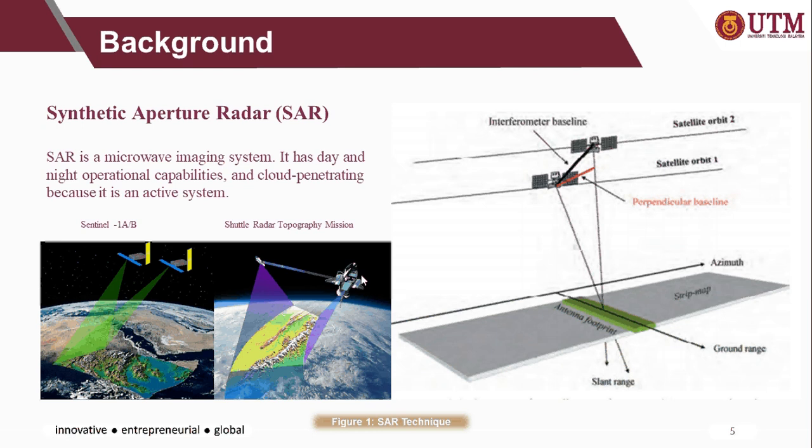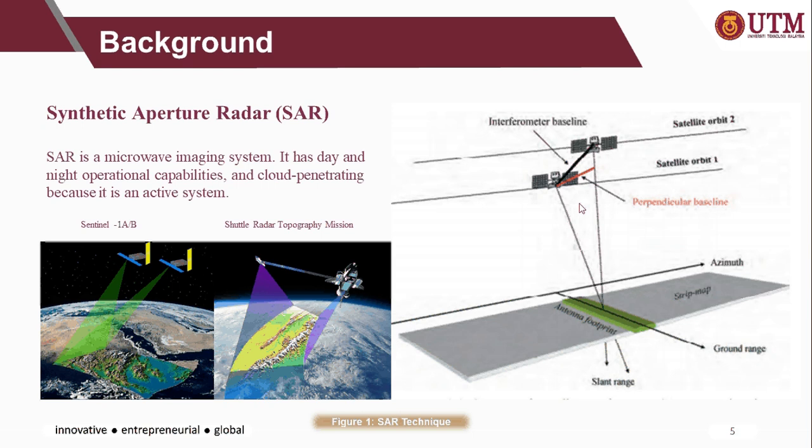The amplitude is the strength of the radar response and the phase is the fraction of one complete sine wave cycle. The phase of the SAR image is determined primarily by the distance between the satellite antenna and the ground targets.